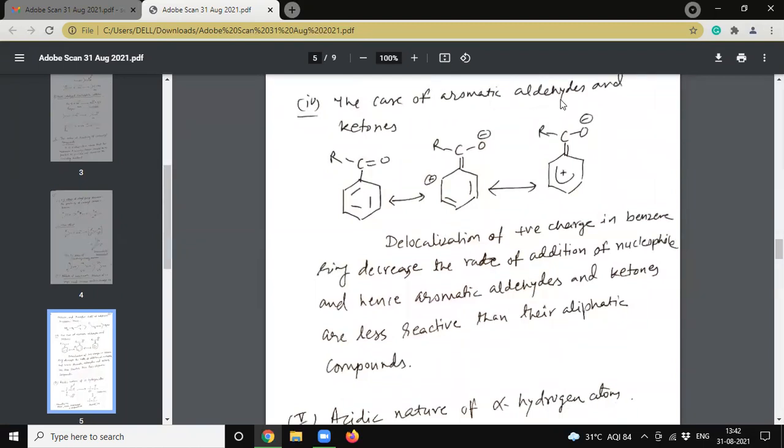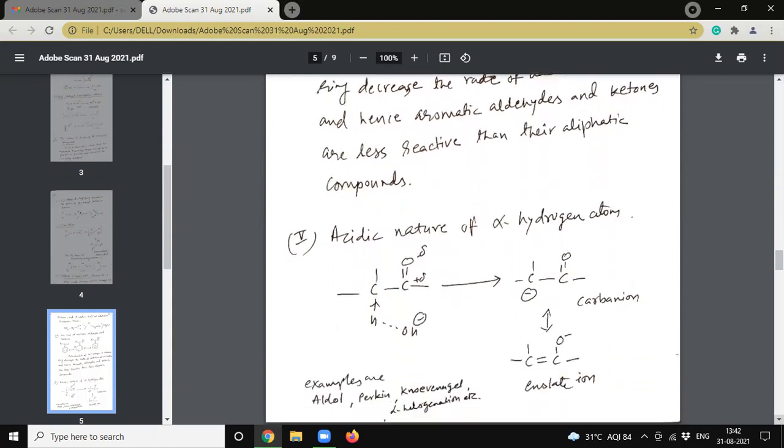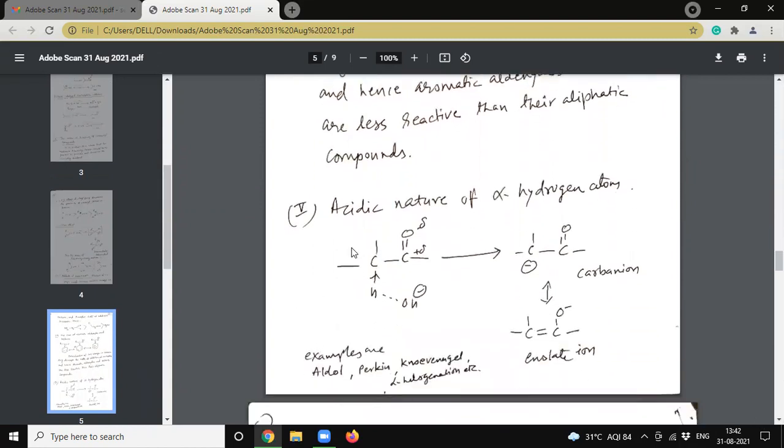In the case of aromatic aldehydes and ketones, due to the delocalization of positive charge in the benzene ring, the rate of addition of nucleophile decreases, and hence aromatic aldehydes and ketones are less reactive than their aliphatic counterparts.